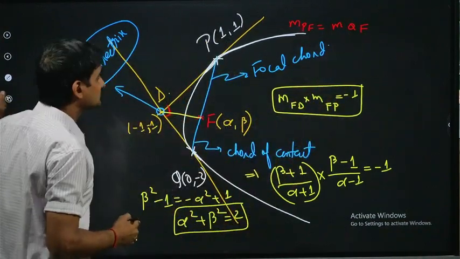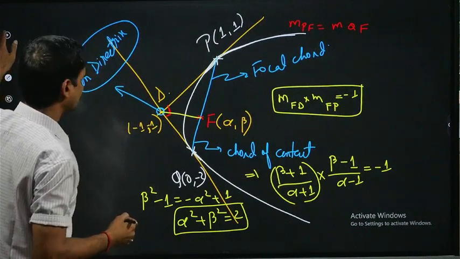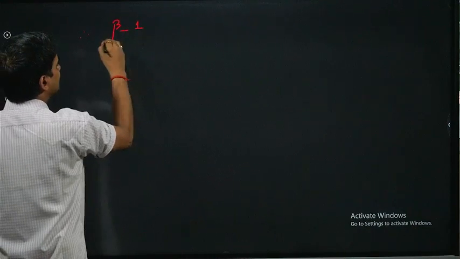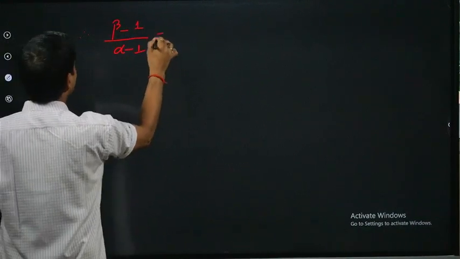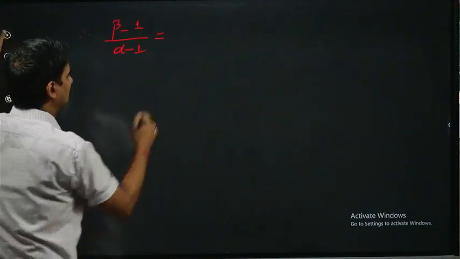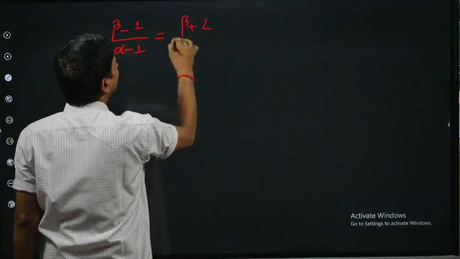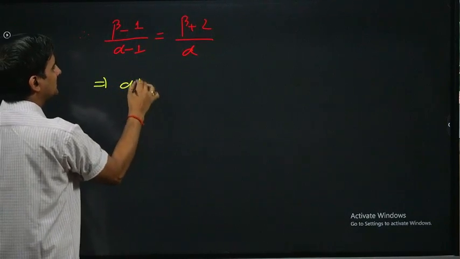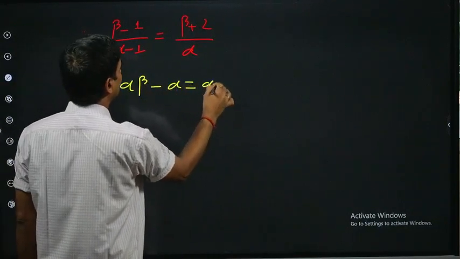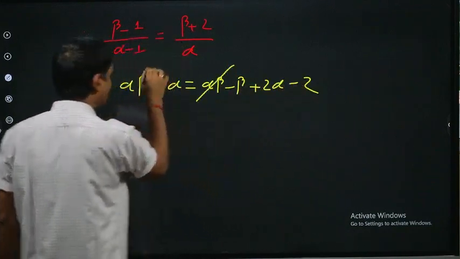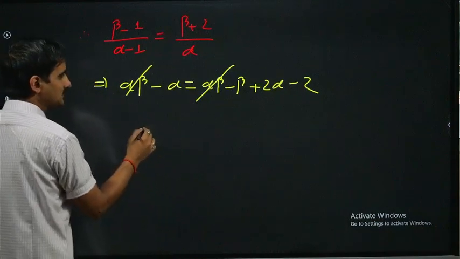So (beta - 1)/(alpha - 1) is equal to (beta + 2)/alpha. Now cross multiply. So we get alpha beta - alpha = alpha beta - beta + 2 alpha - 2. So that's gone. We get a linear type of relation which is beta.